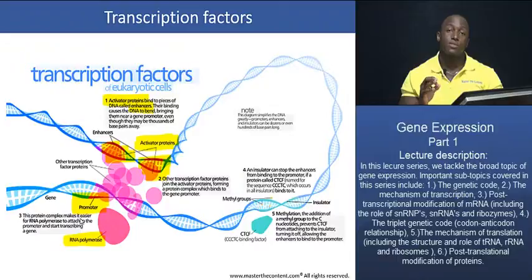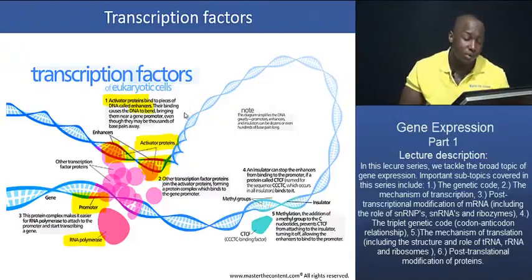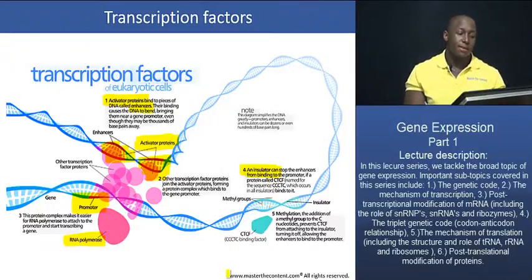It's important to know that transcription can also be regulated negatively. We have other proteins that we call insulators. An insulator will bind to another protein called CTCF, or CTC binding factor. I'm talking about this protein right here.